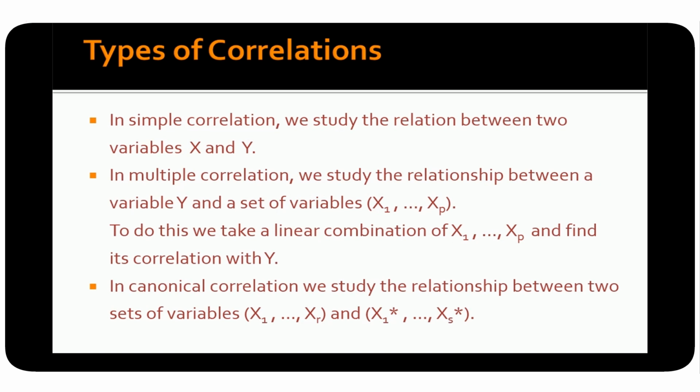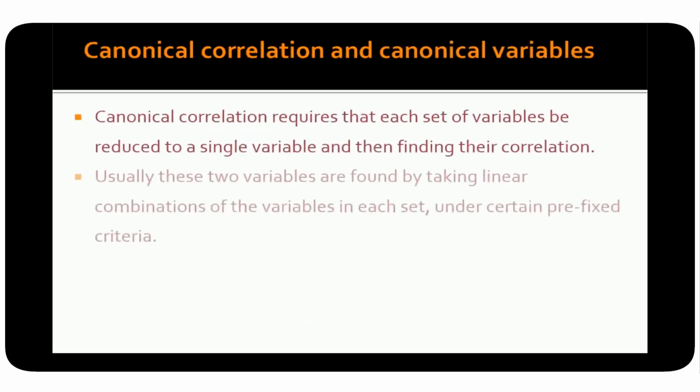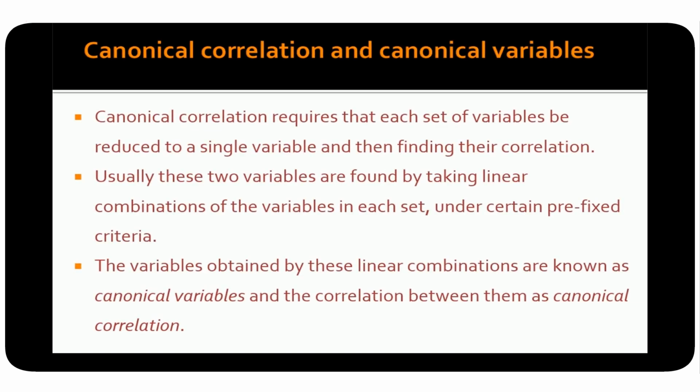And we will later on see, as you can well understand right away, that multiple correlations or simple correlations would come out as special cases of canonical correlations. We look at two sets of variables, and as I said at the very onset, you can only calculate correlations between two variables. You need to reduce each set into a single variable.